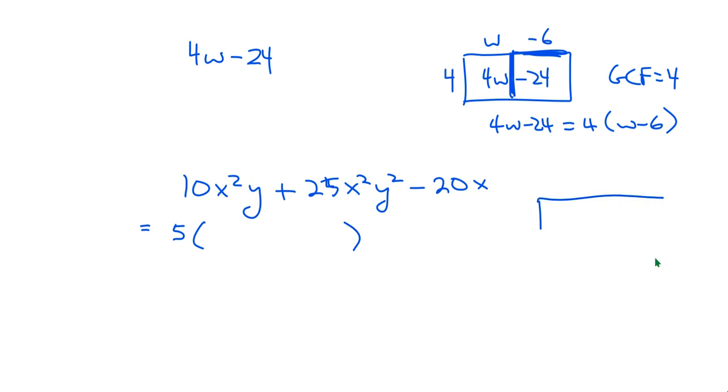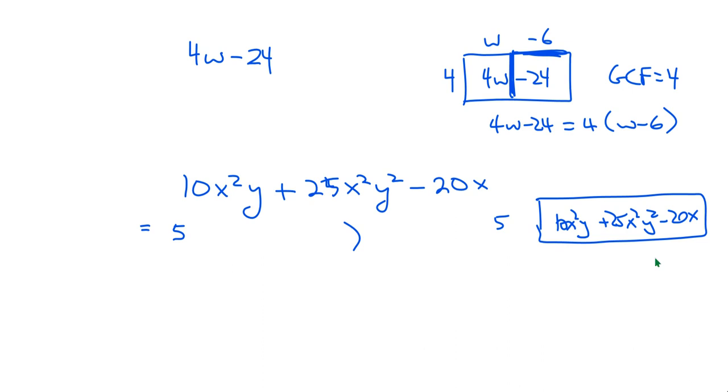So if I was to do an area model, this is 10x squared y plus 25x squared y squared, and I ran out of room, so I'll make the box bigger, and then minus 20x. So I know that 5 is the biggest number. But besides the number part, there's also variables.